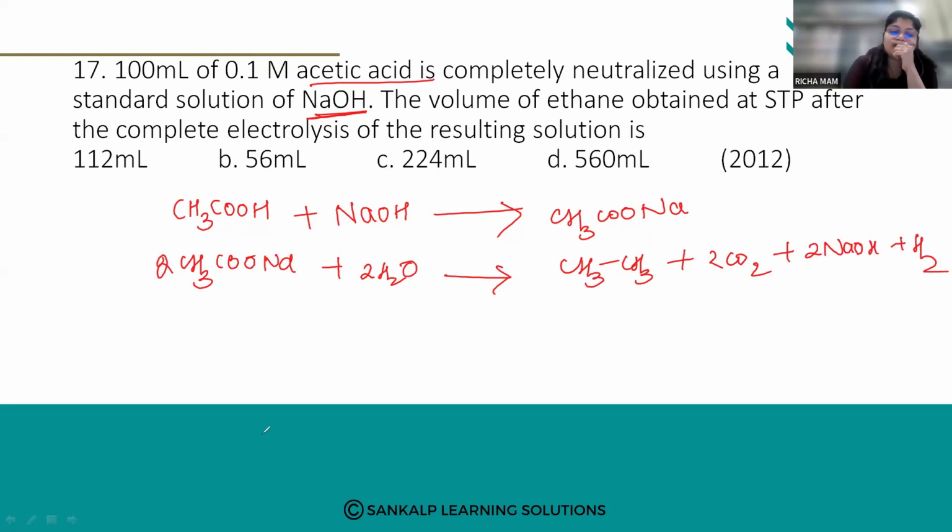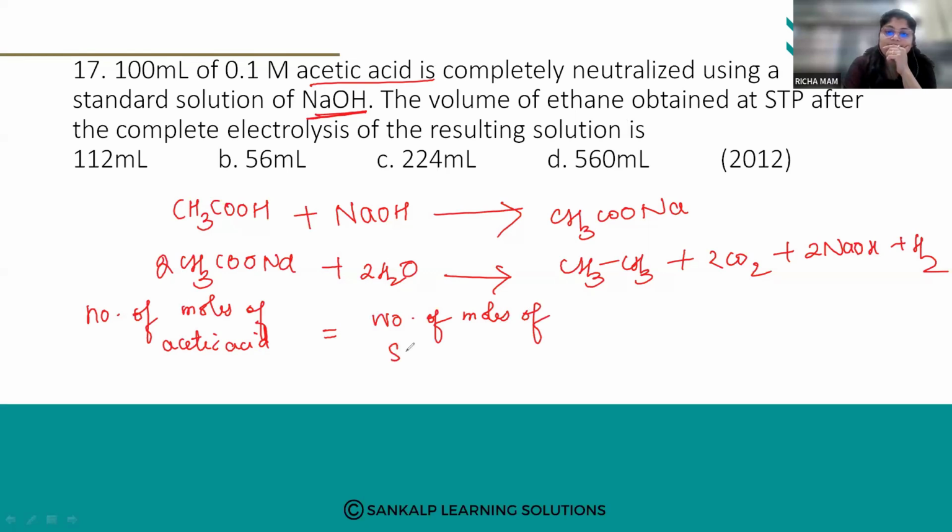When we calculate the number of moles, the number of moles of acetic acid is equal to the number of moles of sodium acetate. However many moles of acetic acid react, that many moles of sodium acetate are formed.